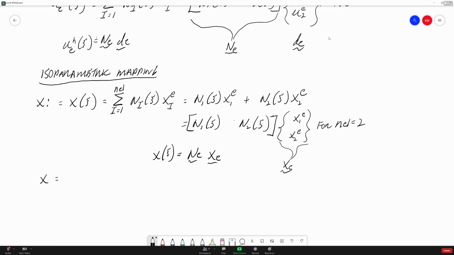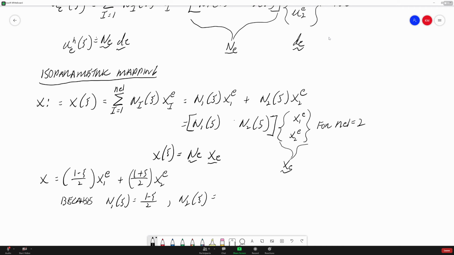And x is equal to (1 minus psi) over 2 times x1^e plus (1 plus psi) over 2 times x2^e. Because N1(psi) is equal to our shape function, if you remember, and N2(psi) is equal to our other shape function.